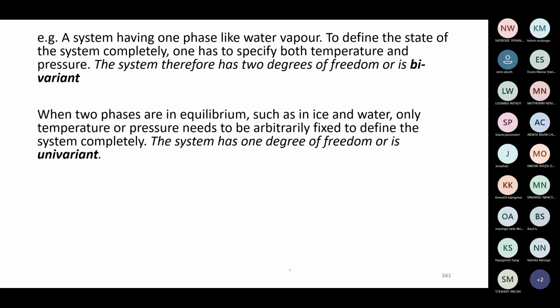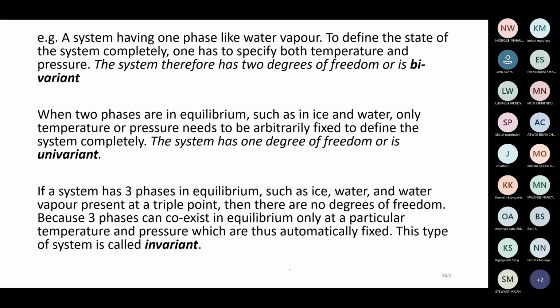So in this case, this 2-phase system, you need to fix one and vary the other for temperature and pressure. So the system has only 1 degree of freedom, because one variable is fixed, and the other is the one that can be varied. So it is called univariant.